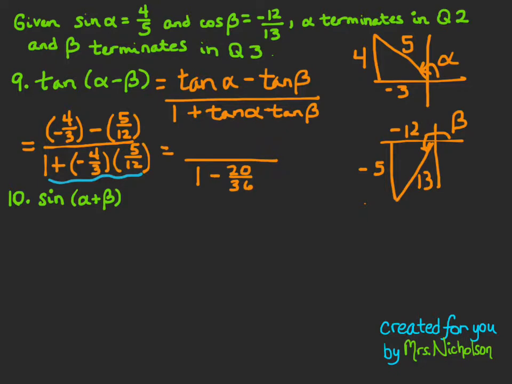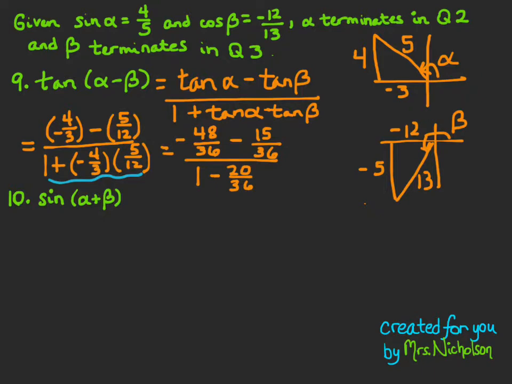Since my denominator in the denominator is going to be 36, I think I'm going to do the same thing in the numerator as well. So I'm going to change 4/3 to have a denominator of 36. So I'm multiplying by 12. So this is going to be negative 48 over 36 minus, and then I'm going to change 5/12 to have a denominator of 36. So I'm multiplying by 3, which would make my numerator 15.